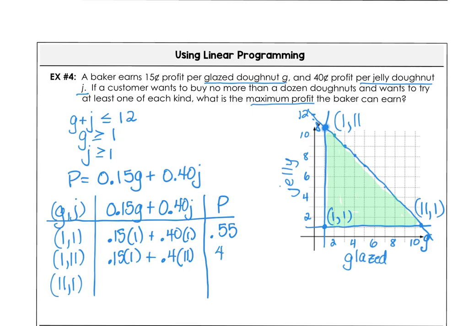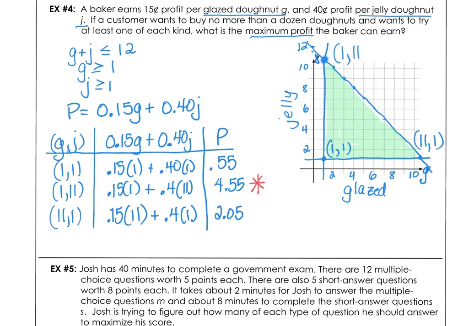I'm sorry, 455. And then 15 times 11 and 40 cents times 1 would give us $2.05. So 455 is our maximum profit, and we could write that in a sentence.